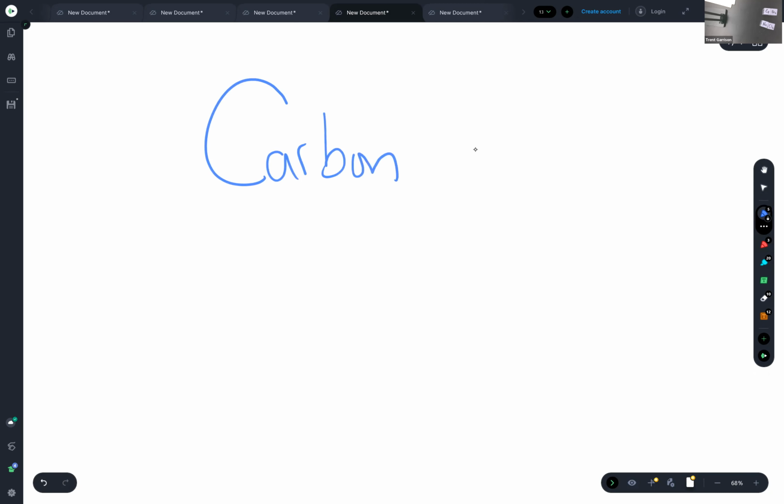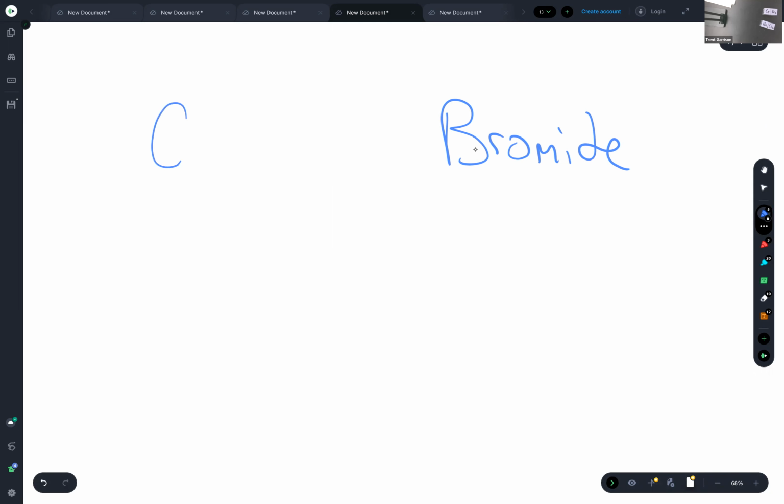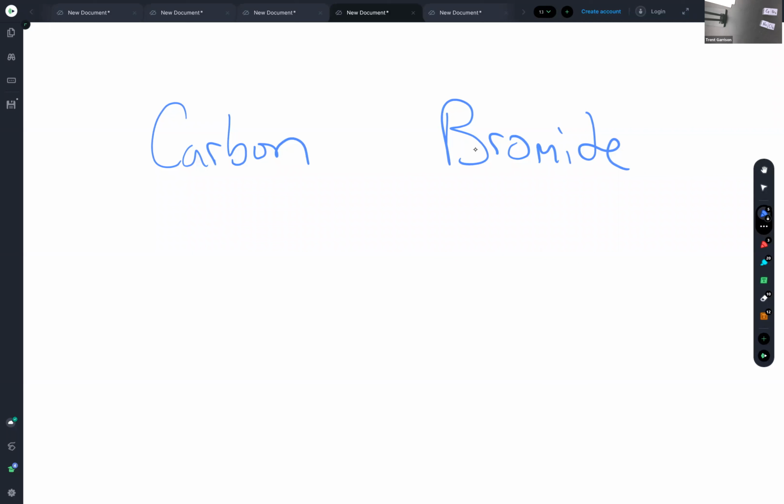And the second element is a bromine. So that would be a bromide for the ending. Now, because these are nonmetals in a covalent bond, we must use prefixes before their names. So it's not just simply going to say carbon bromide.